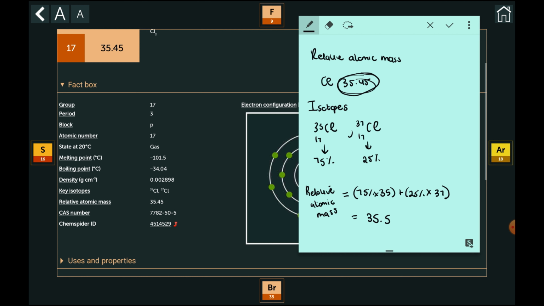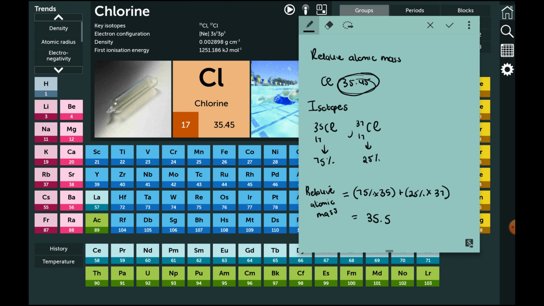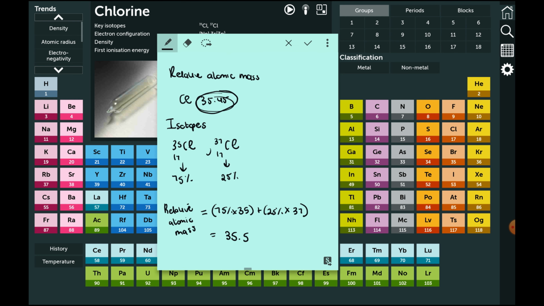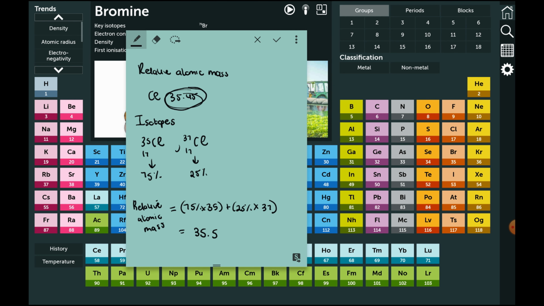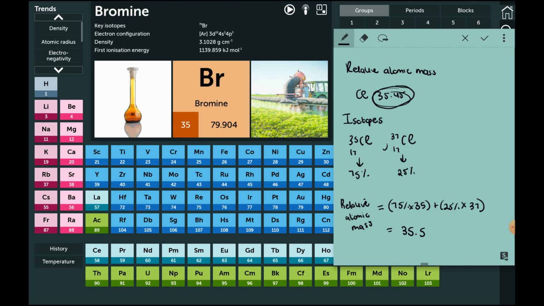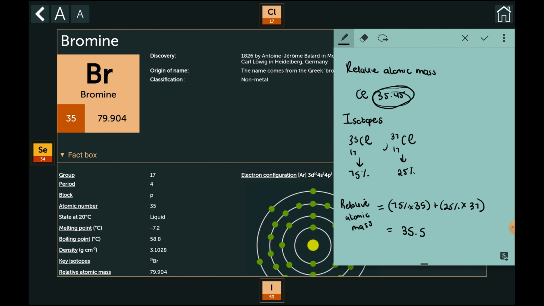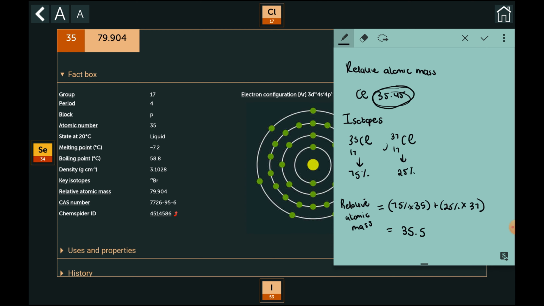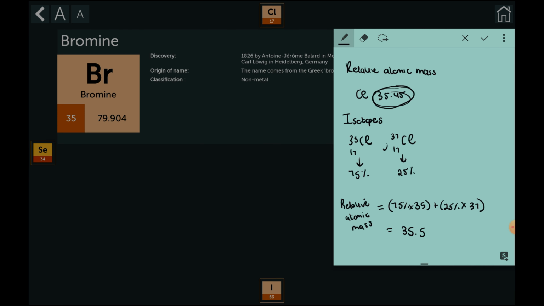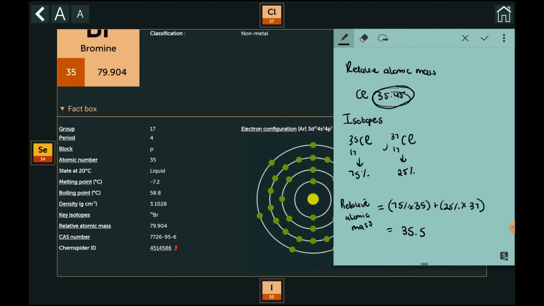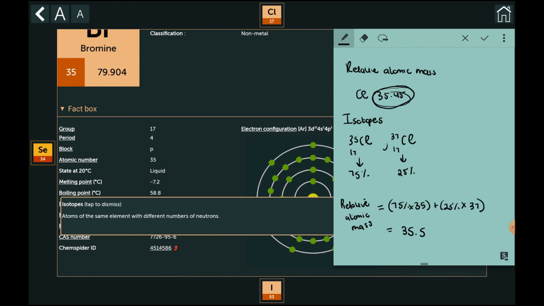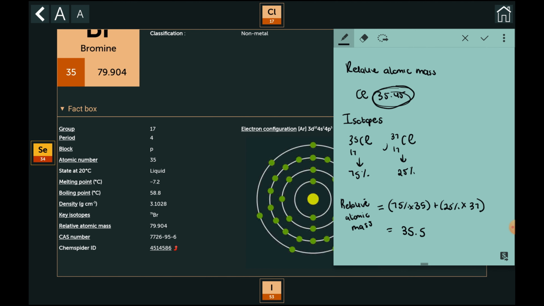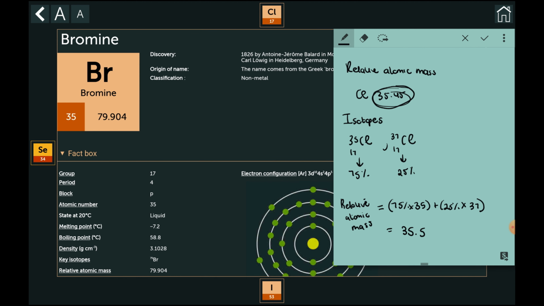And you can do the same for some of the other elements. So if you go back and you look at other elements that will have isotopes, and normally you get to learn them. But then another very common one is bromine. So if we go to bromine and you go and look at its isotopes, you can see the key isotope is bromine 79. Okay, they don't actually show the other isotope because it's 50-50 for both of them.